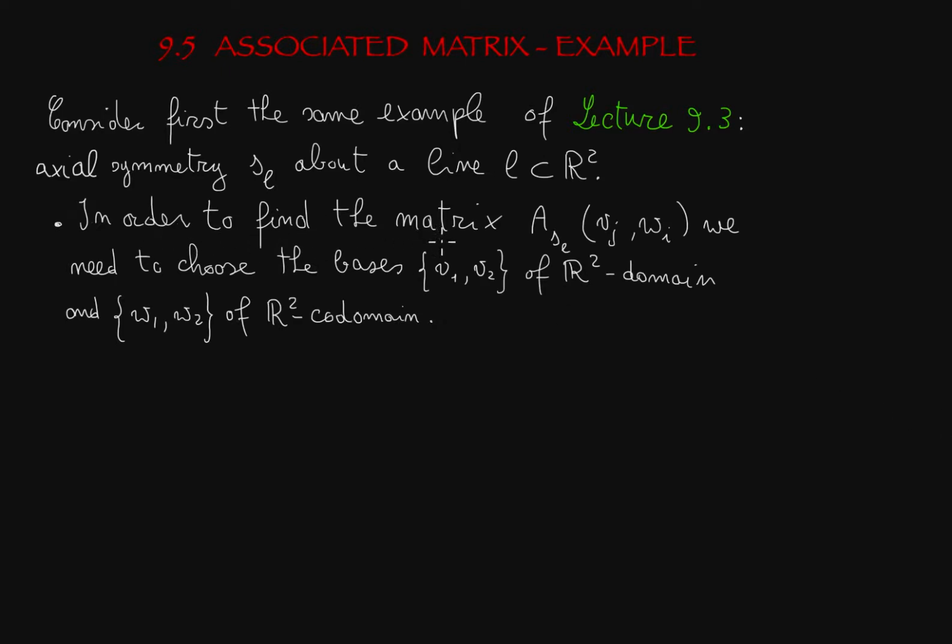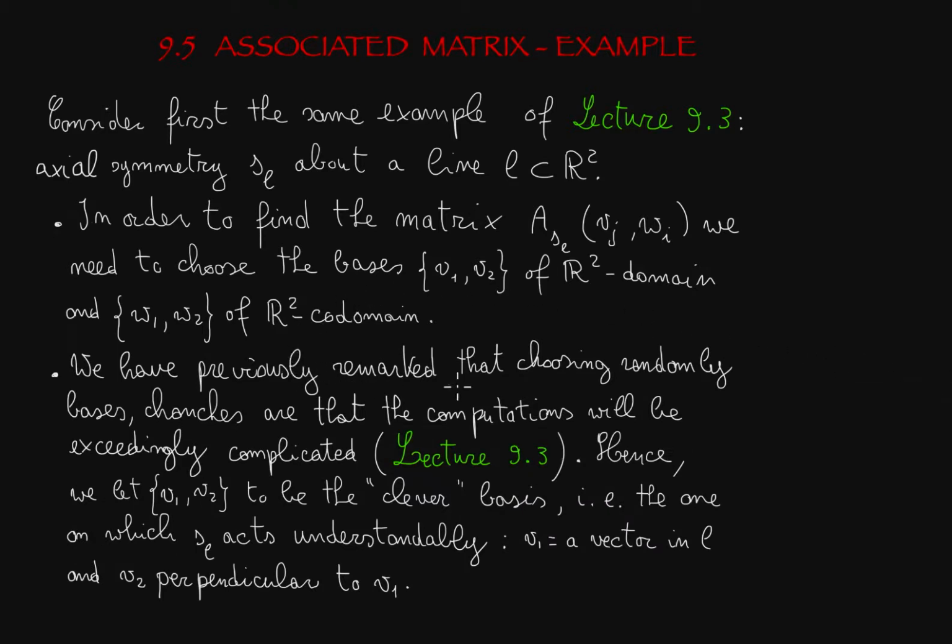In order to find the matrix A, SL, Vj, and Wi, that is the associated matrix of the homomorphism SL with respect to the basis Vj of the domain and Wi of the codomain, we need to choose the basis V1, V2 of R squared and W1, W2 of R squared codomain.